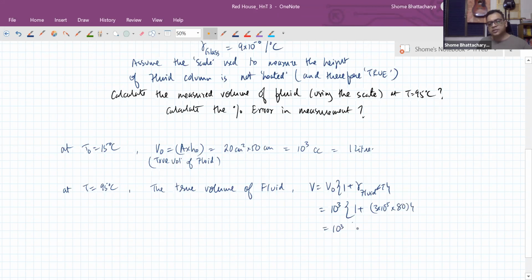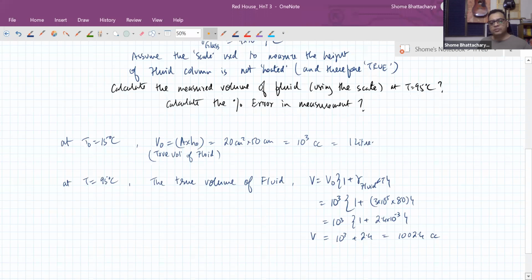So it is 10 raised power 3 into 1 plus 2.4 into 10 raised power minus 3, which is 1002.4 cubic centimeters. This appears correct. This is the true volume.